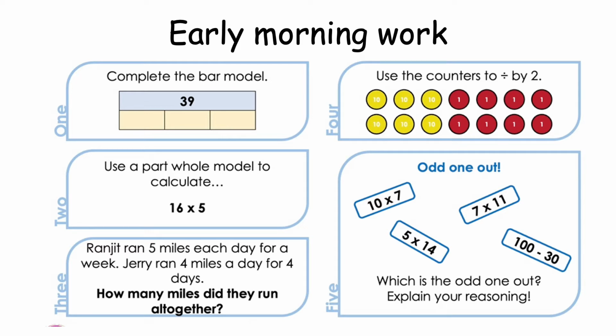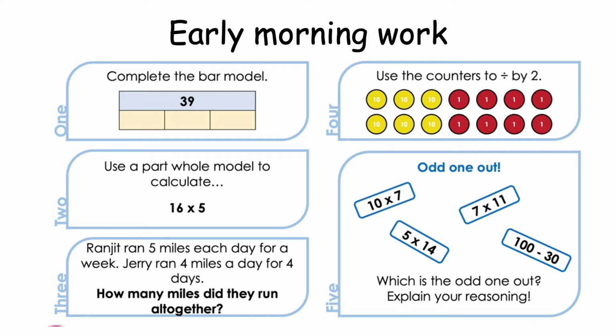Number 3, Ranjit ran 5 miles each day for a week. Jerry ran 4 miles a day for 4 days. Now look at the question that is in bold. How many miles did they run all together? So I worked out that Ranjit ran 5 miles each day, so there's 7 days in a week.